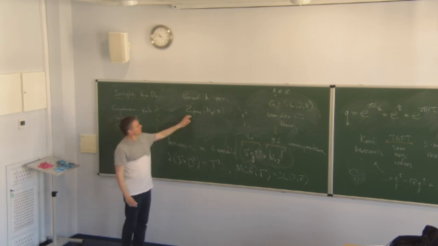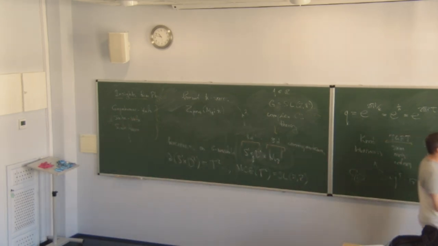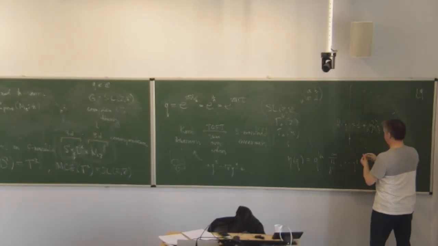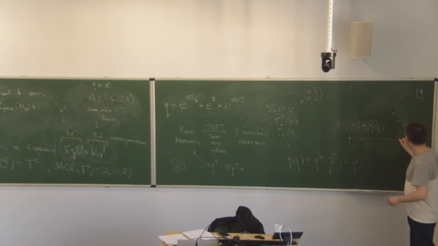And this was basically useful, but the problem is that it tells us what the answer looks like near the point q equals 1, and only in a tiny neighborhood of it.